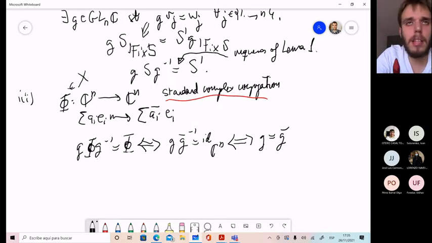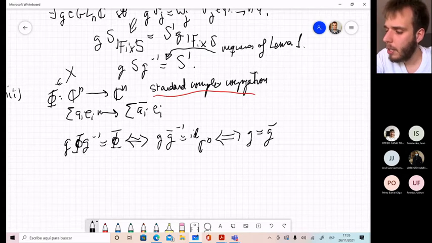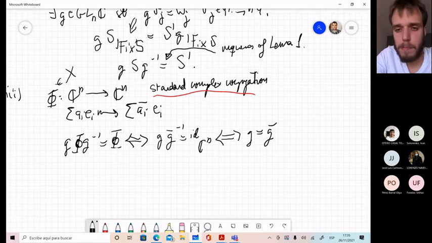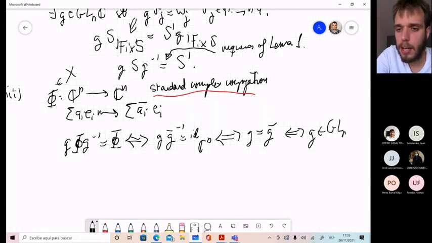By bar here, I mean that for the associated matrix, I am conjugating the entries of the associated matrix. But this means that g lies inside GL_n(R), okay?